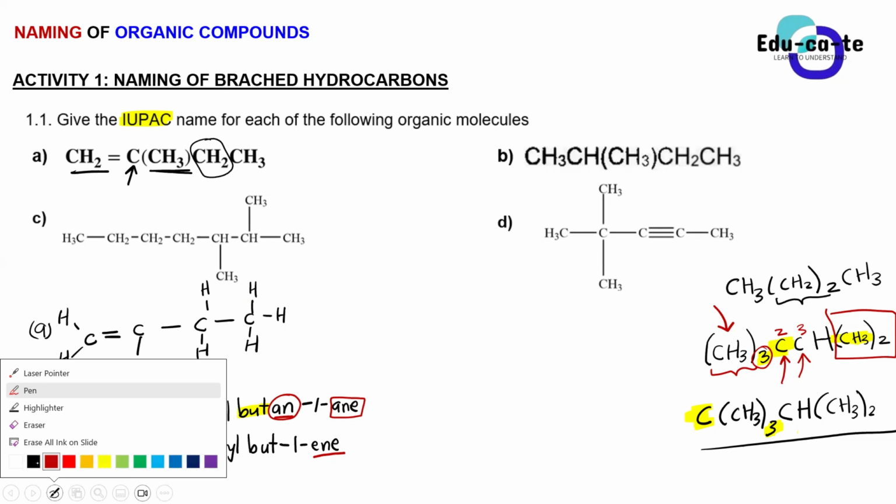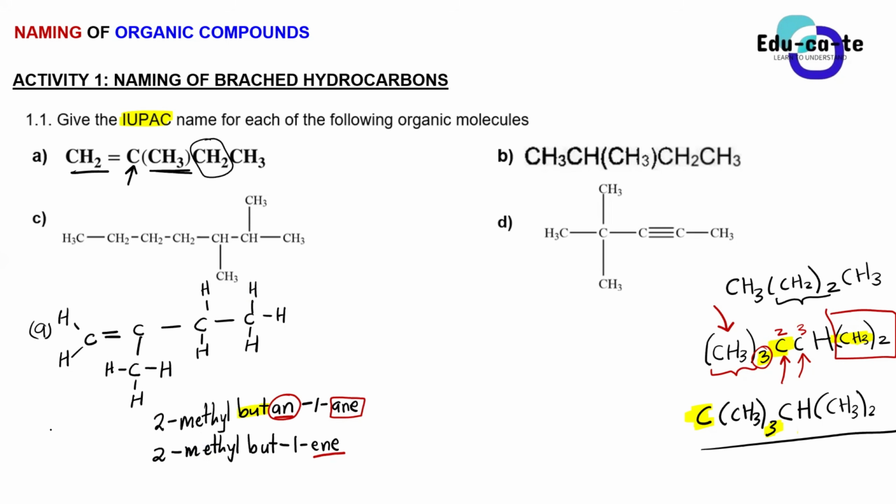Basically, the an means that it's a saturated compound. That is why the alkanes end with the name ane. That an means saturated. So in an alkene, you are not expected to have anything with the letters an following each other.